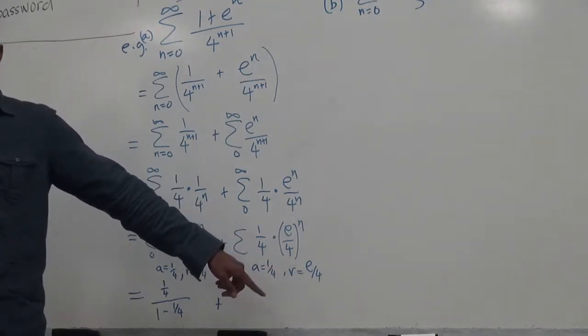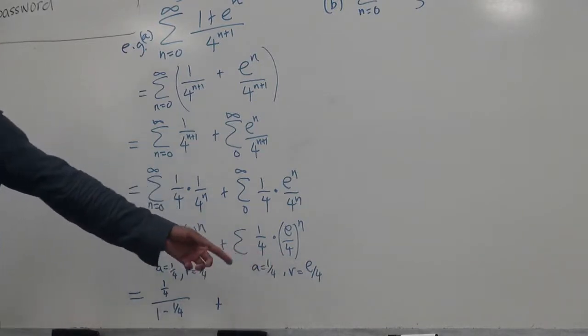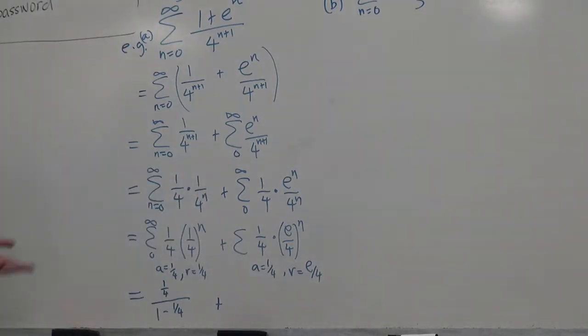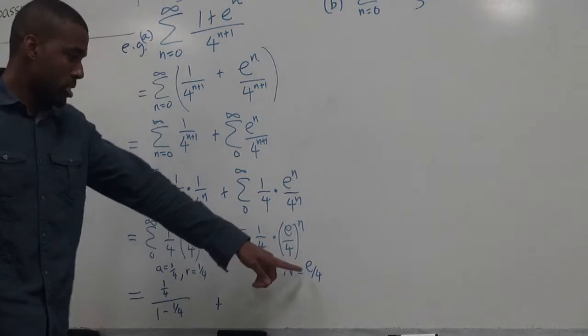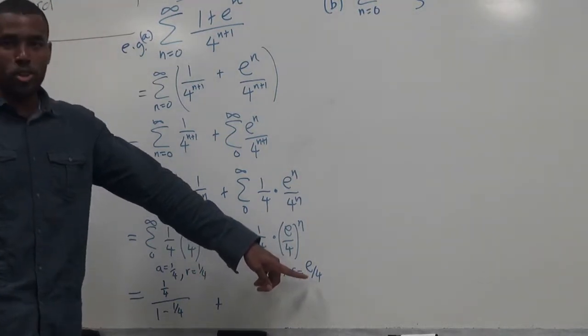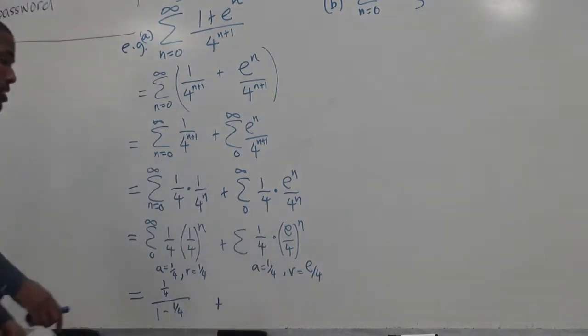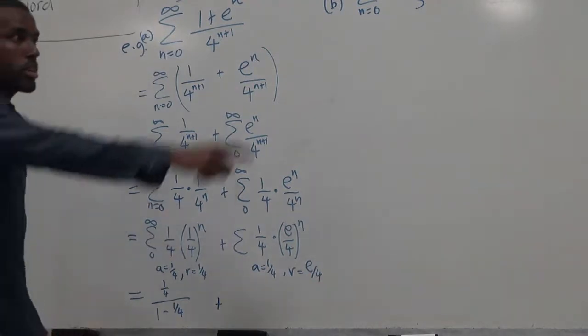What's e? Like 2.7, right? 2.7182818. So it's 2 point something. Divide by 4, you definitely get something less than 1. And so this also converges, and it converges to that formula.